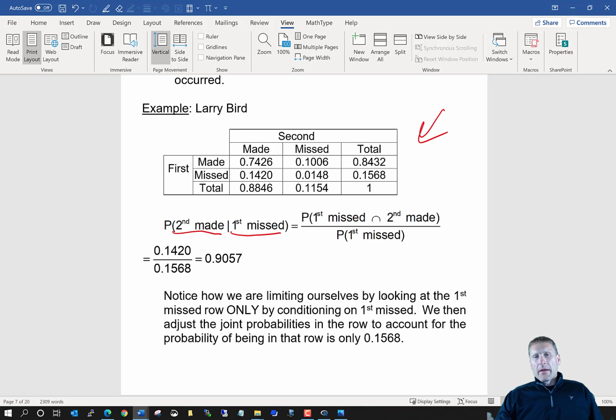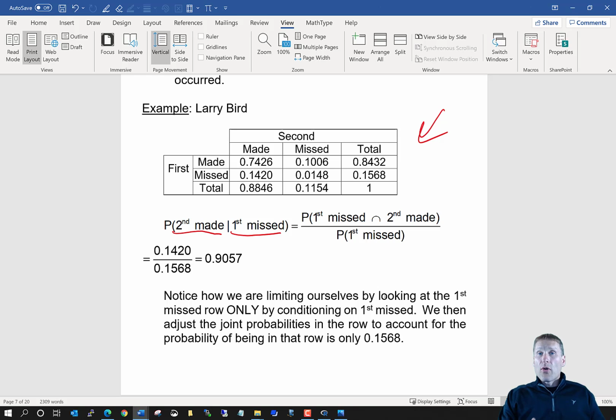In general, one may think that when a basketball player misses that first free throw, that perhaps that player gets down on themselves. They maybe psych themselves out, and that will lower their probability of making that second free throw.